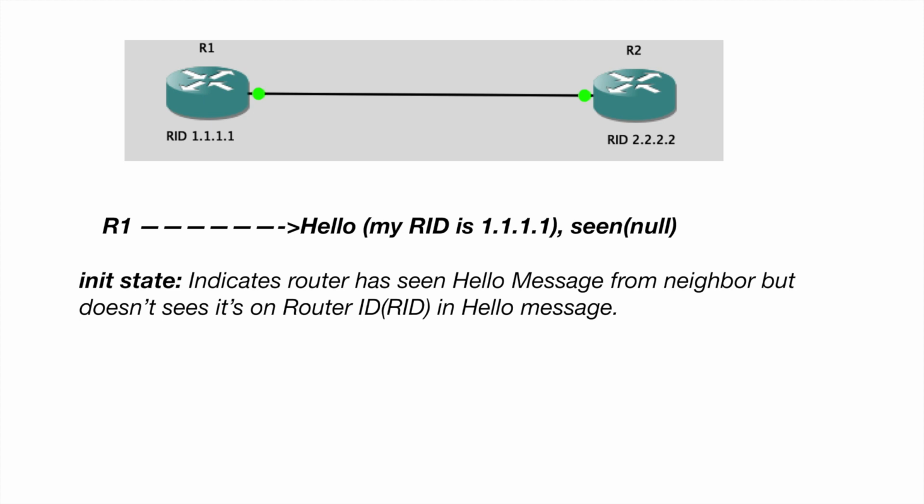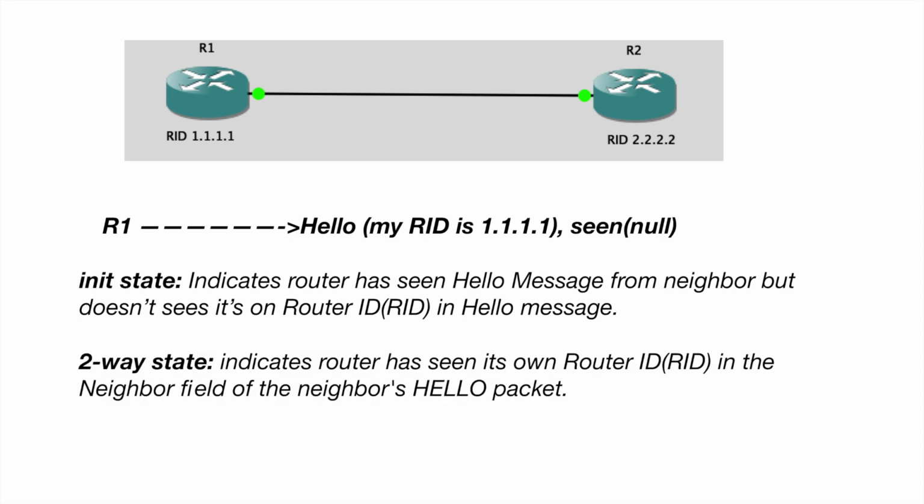The init state in OSPF indicates that the router has seen a hello message from the neighbor, but it does not see its own router ID in the hello message, because the seen field is null, since this is the first hello message. So when R2 receives this hello, it does not see its own router ID in the message. That is the reason it puts R1 in the init state.